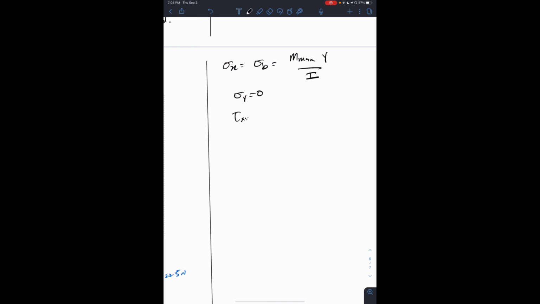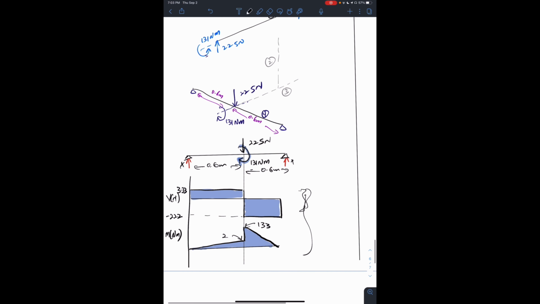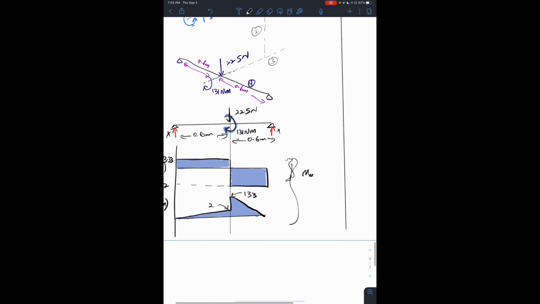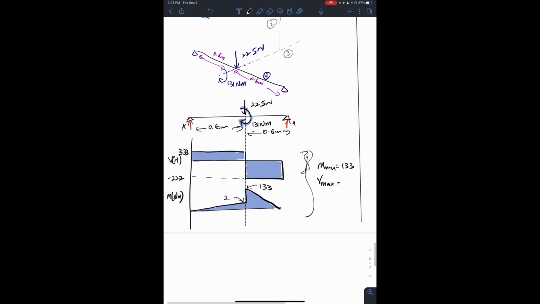And tau xy, again we said, is 4 on 3 V max on A. Right, so if we go back to our diagram, M max is equal to 133, V max is equal to 222 newtons.